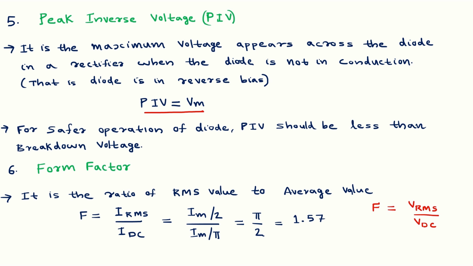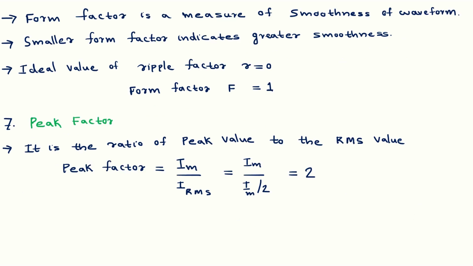IRMS is Im by 2, IDC is Im by pi. So finally I will get the form factor as 1.57. Remember this value: the form factor of a half-wave rectifier is 1.57. Then what is the significance of this form factor? Form factor is a measure of the smoothness of the waveform. A smaller form factor indicates greater smoothness, that means it has fewer ripples.